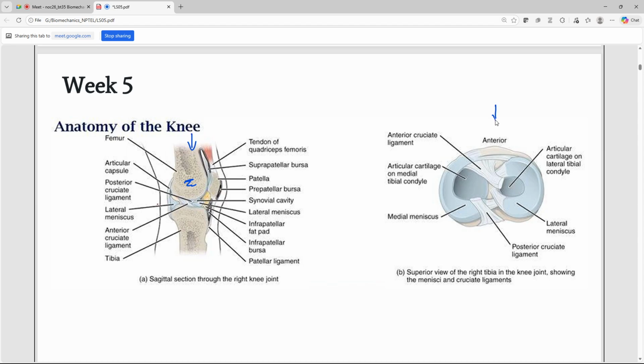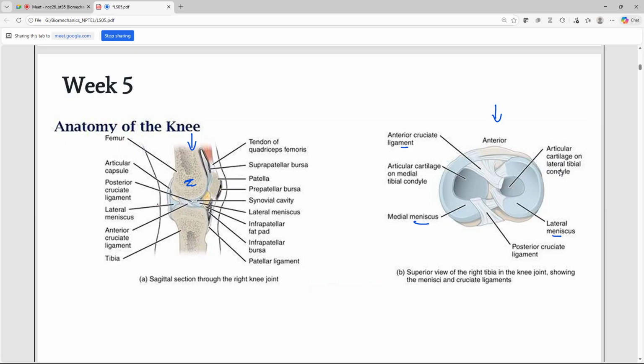Here you can see the three supporting structures and how they are interconnected. You can see the ligaments, anterior and posterior cruciate ligaments, as well as the meniscus, medial and lateral. Medial is the inside of the leg, between the two legs, and lateral is the outside of the body.